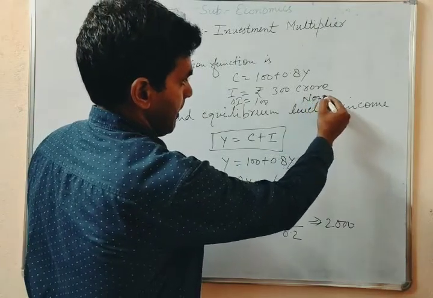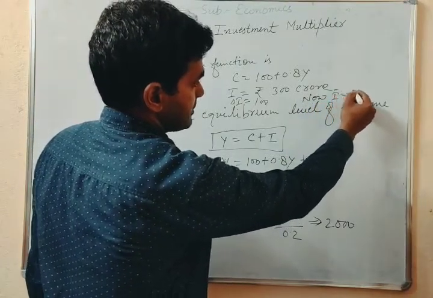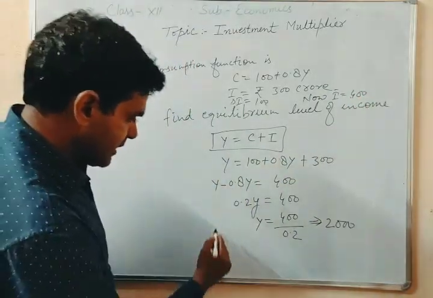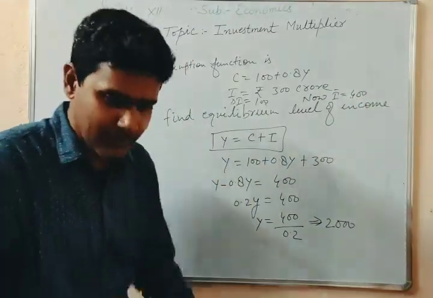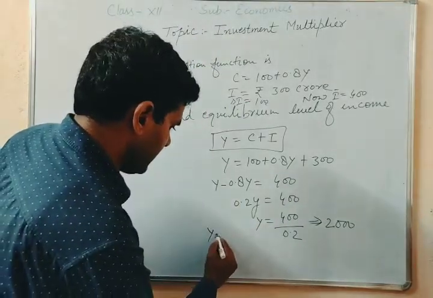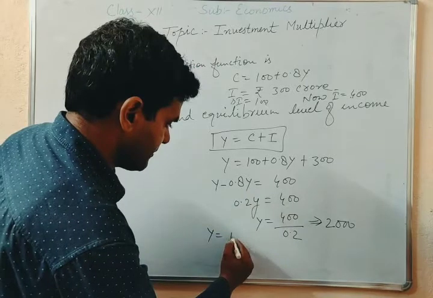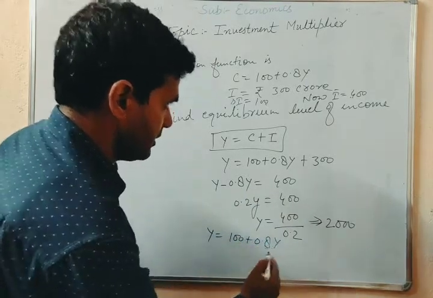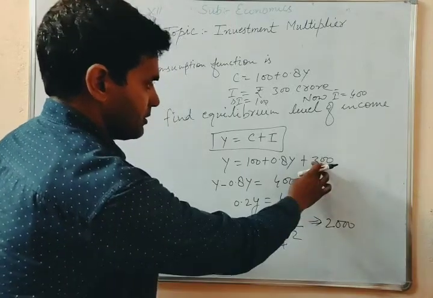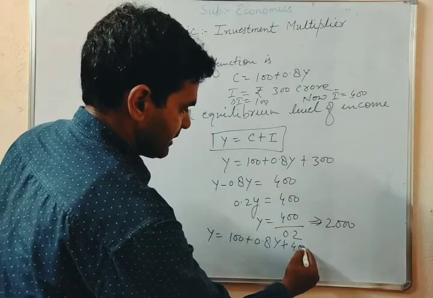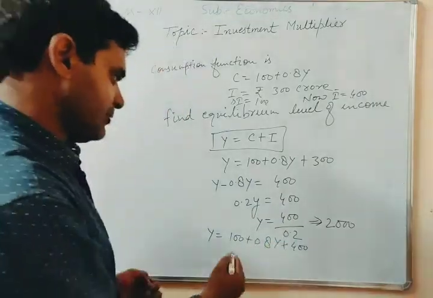Now I bar is equal to 400. Then again we calculate the equilibrium level of income like this: Y is equal to 100 plus 0.8Y, plus now instead of 300 we put 400, because investment has increased by 100.